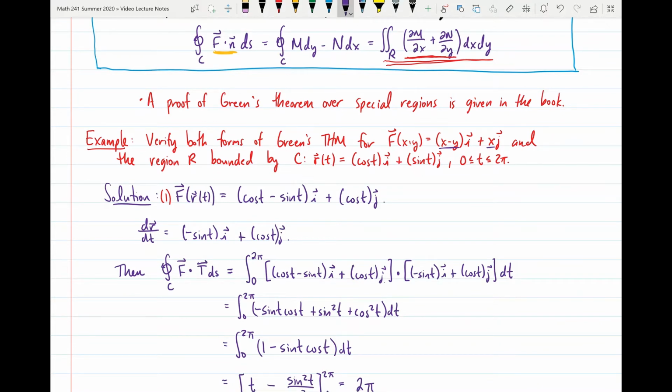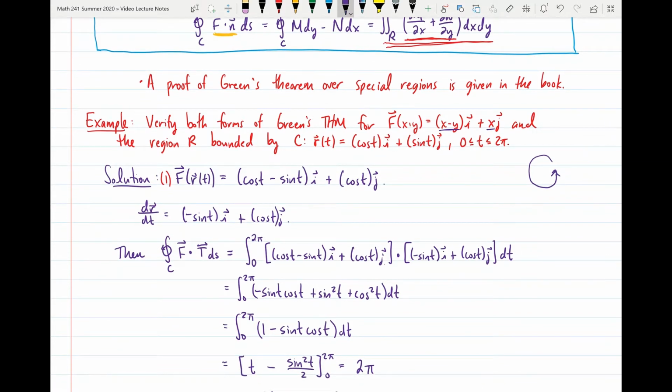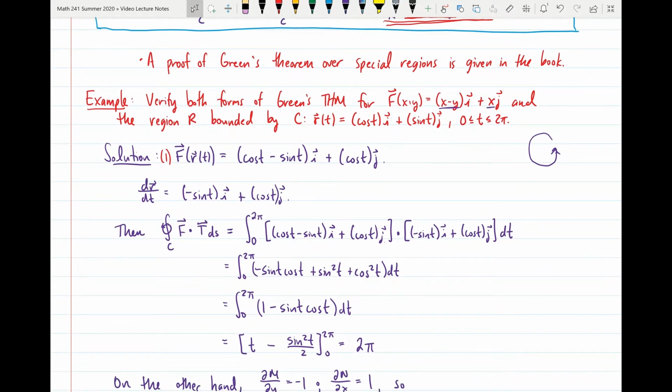And notice that this simple closed curve is just the unit circle parametrized in the counterclockwise direction inside of the plane, and the region R is just the unit disk inside of that curve C.